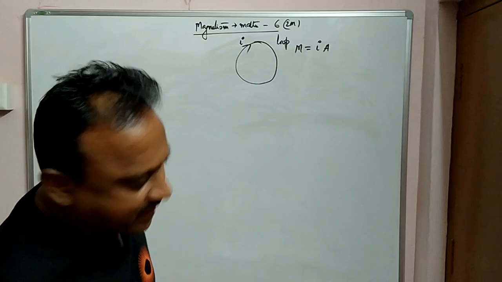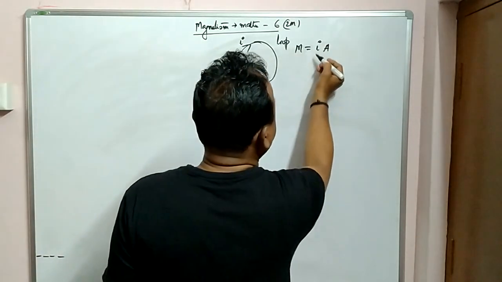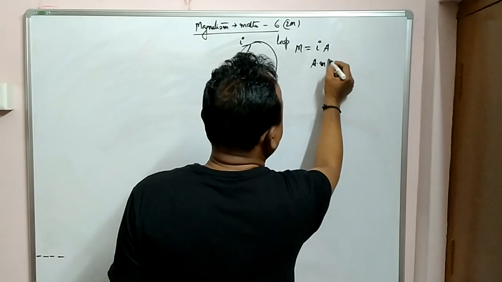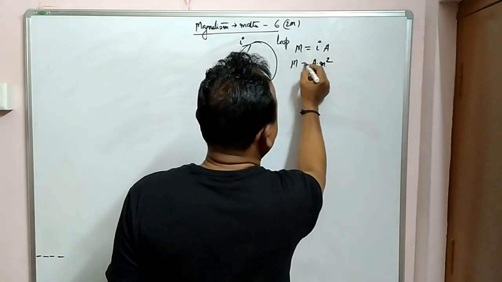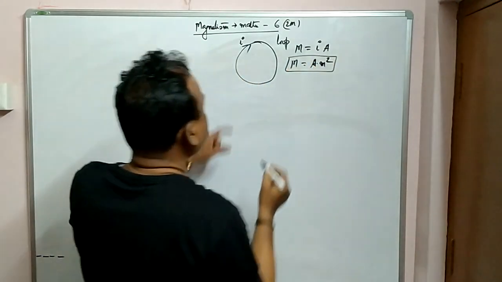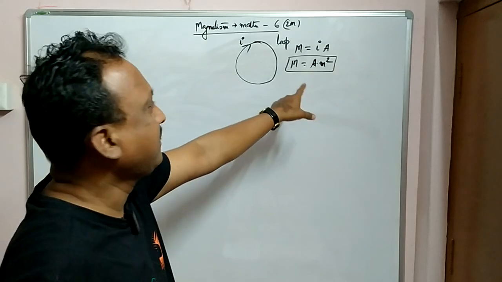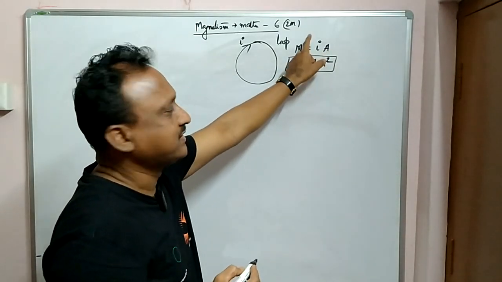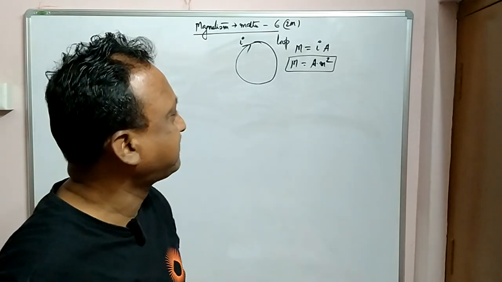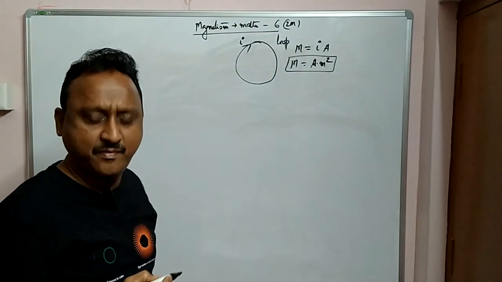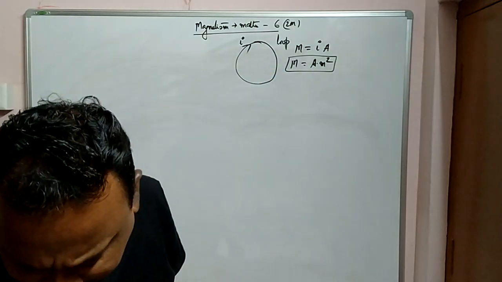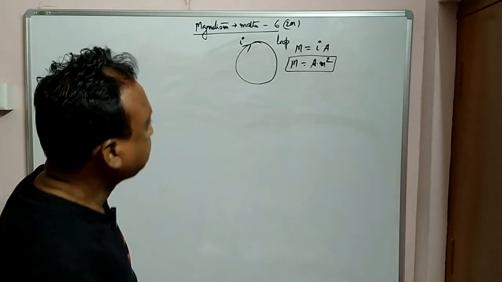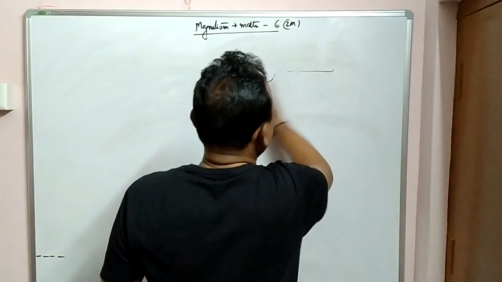Magnetic moment M is given by I into A. This I means strength of current in amperes, A is area in meter square. Same unit again, you can see, ampere into meter square. Clear? Right.